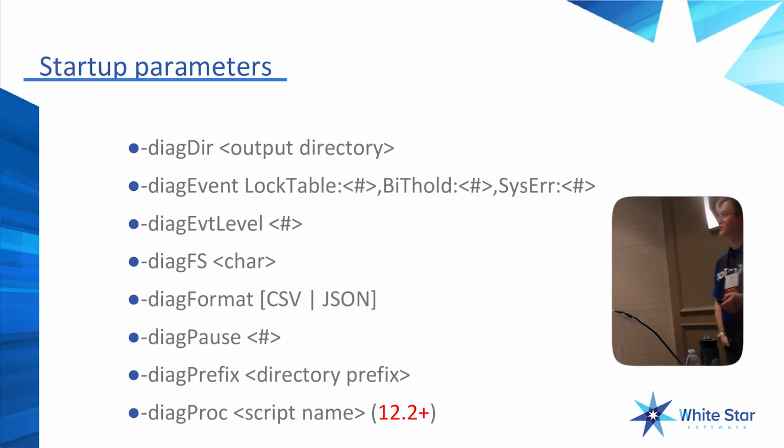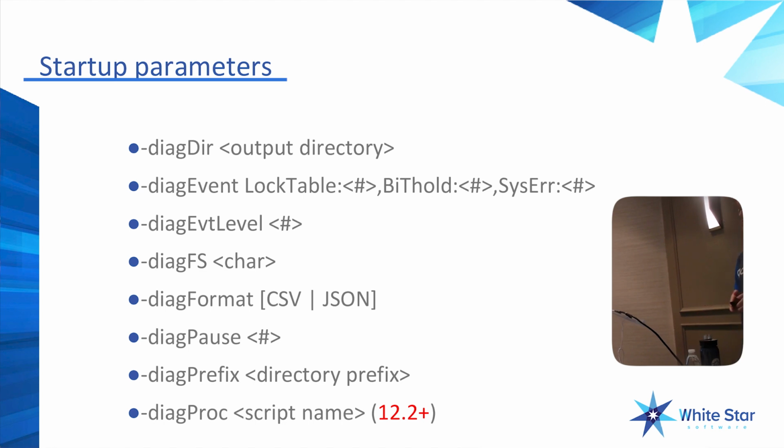There are a number of different primary broker parameters that are used to configure this feature, and I'll go into some more detail about each of these in a later slide. And we don't have to configure this when the database starts.